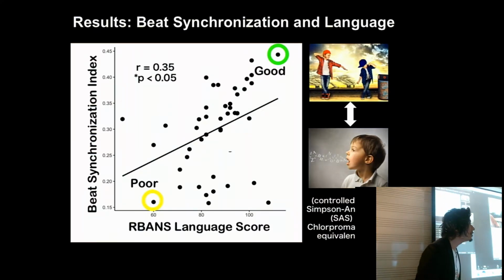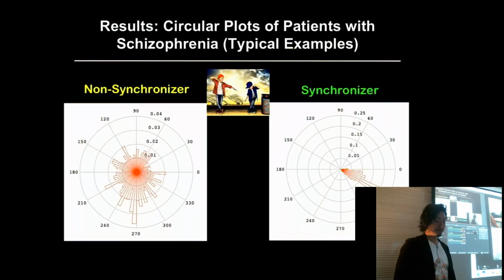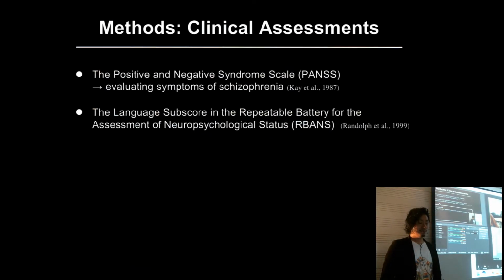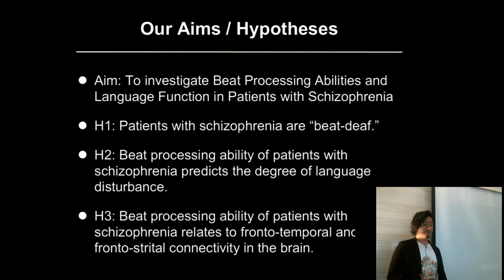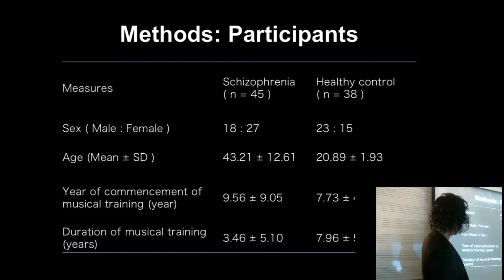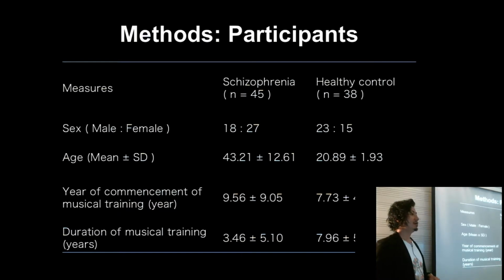I think I saw that the schizophrenic patients had up to 3 years of musical training. So how could they have gone through so much musical training and nobody told them that they're beat deaf? I think the duration is 3 years, and they started on average at 10 years old. I don't know about the self-report.